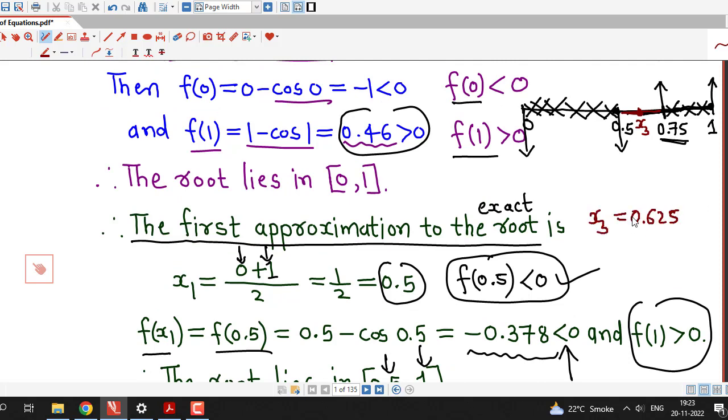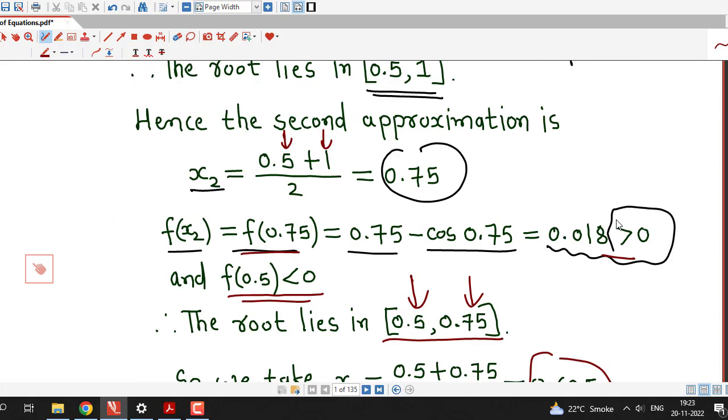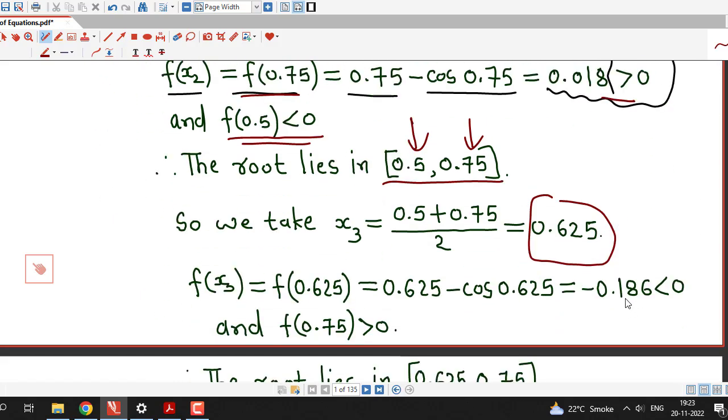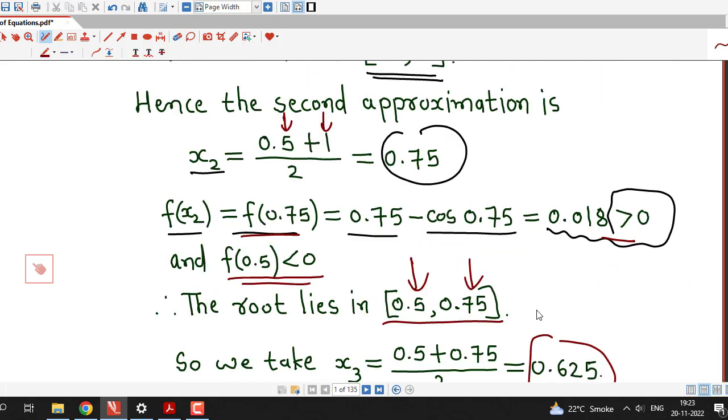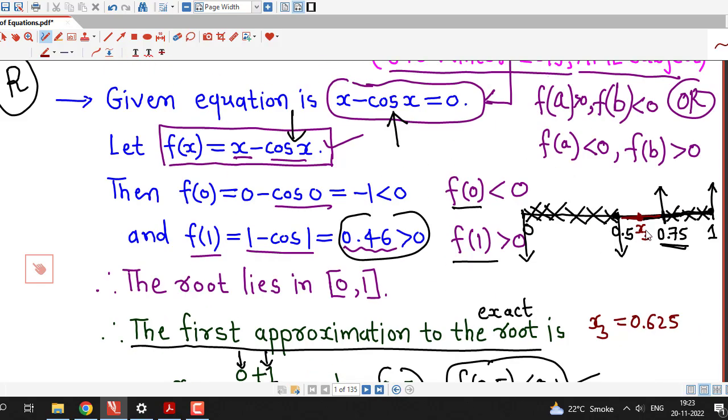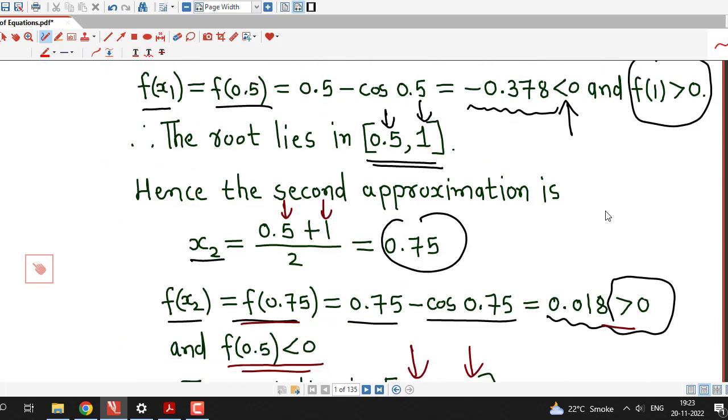So again we find out value of function at 0.625 and we see that it is negative. So we can see that f of x3 is negative and f of 0.75 is positive. Therefore now we can discard this possibility. Now root lies between x3 and 0.75.